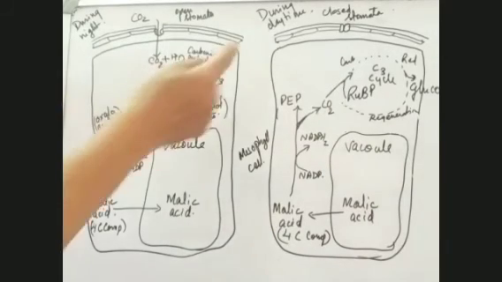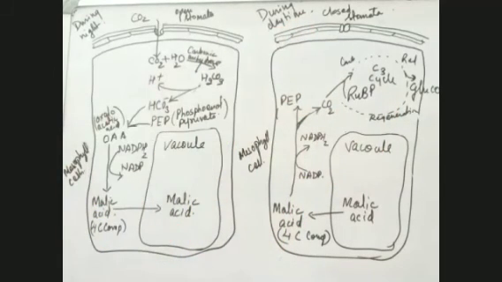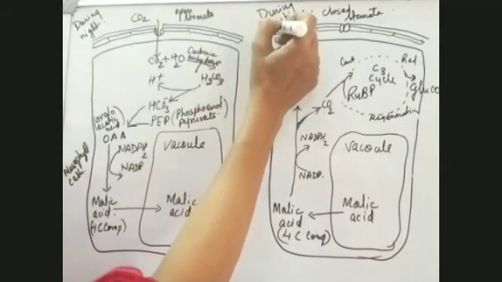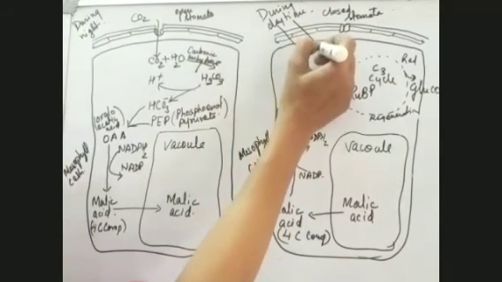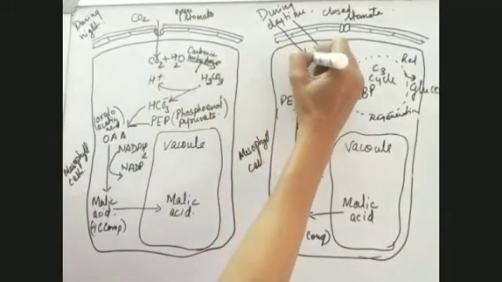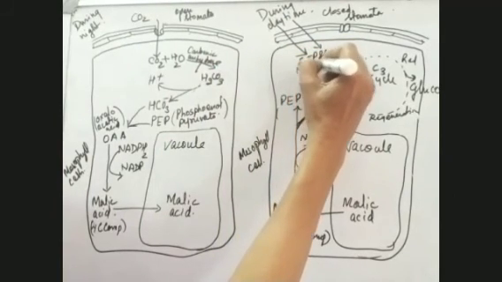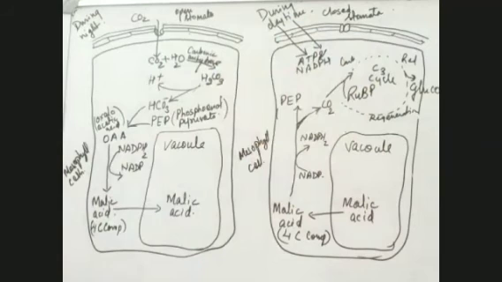So this is taking place during daytime. The C3 cycle is taking place during the daytime when the stomata are closed. Of course CO2 cannot come, but light can come, the sun rays can come. And when the sun rays come, non-cyclic photophosphorylation will also take place here with the release of ATP and NADPH.